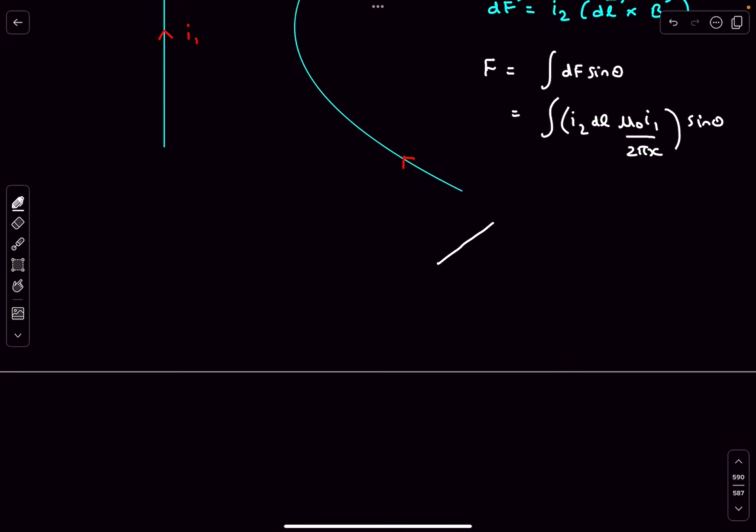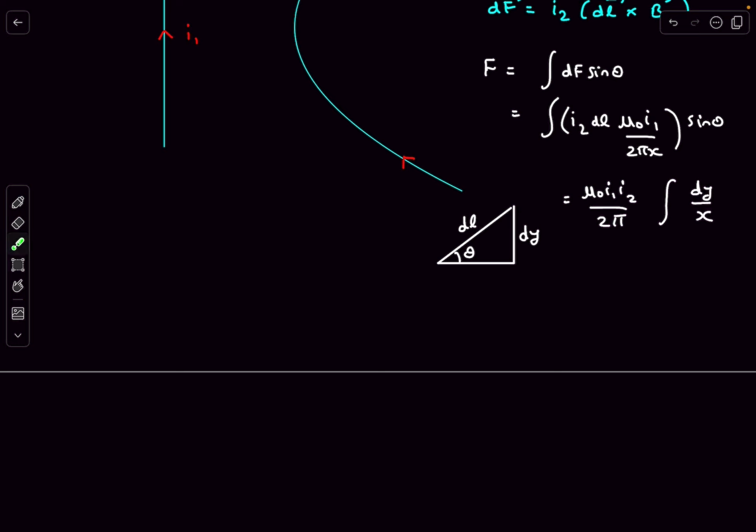If I zoom in on the dl triangle, this is the angle theta. From here, dl sine theta is nothing but the change in y, which is dy. So this simplifies to mu naught I1 I2 divided by 2 pi times the integral of dy divided by x. Finally, this is the integral we have to compute.